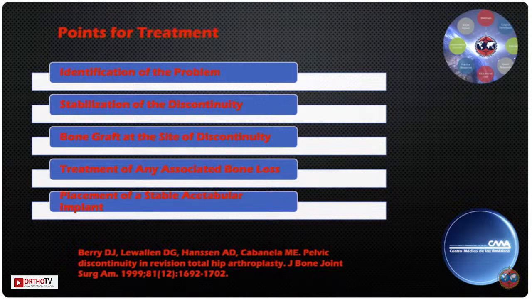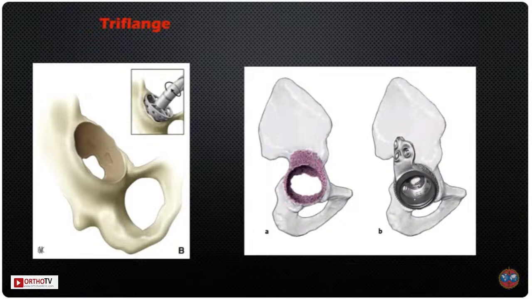We need very strong stabilization of the system, of the cups. And we fix it with screws in these cases. In these graphics, I showed all the cases in the systems for adequate fixation in the disrupted pelvis. It's very difficult. One option was the 3-flange, but very, very expensive.